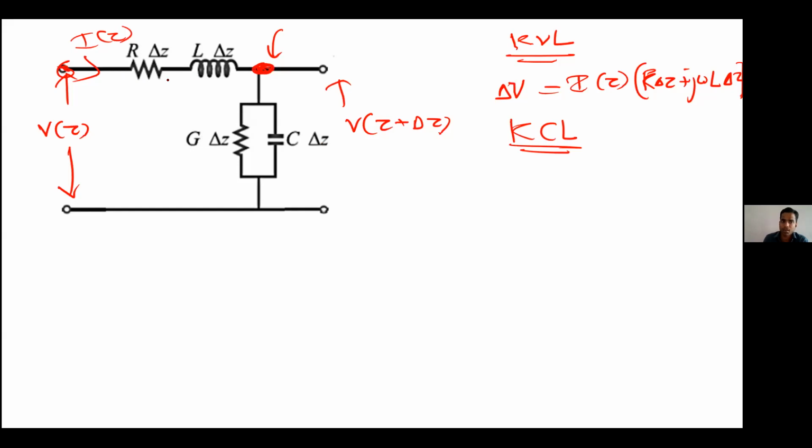So this current is incoming, right? I can assume it to be positive. This is outgoing, so I can assume it to be negative.